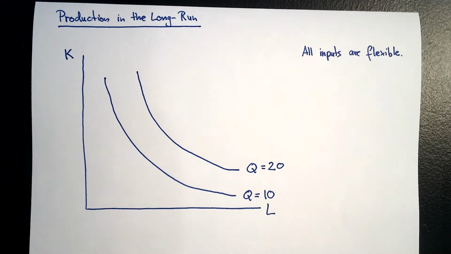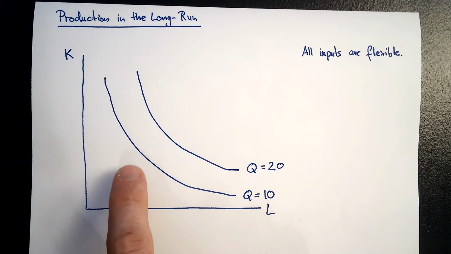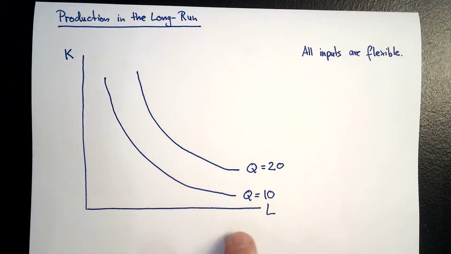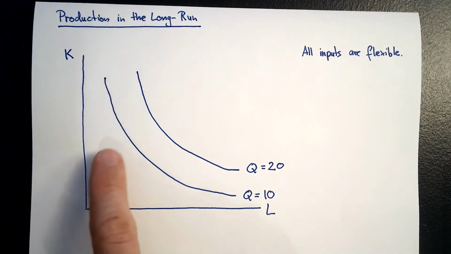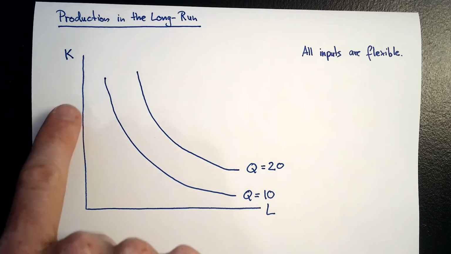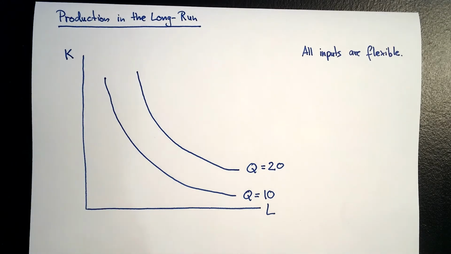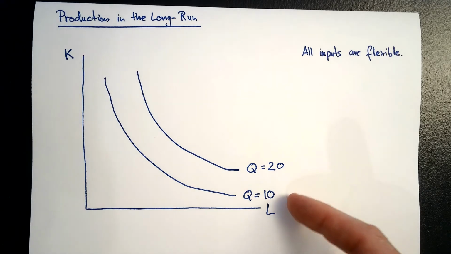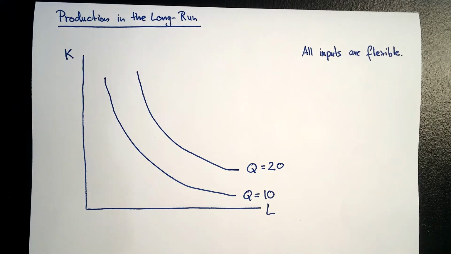With production in the long run, all inputs are flexible. Here I have represented what we have just seen: we have the inputs, capital and labor, on the axes, and isoquants indicating the combinations of capital and labor that produce the same units of output. I have drawn two representative isoquants, one for the output of 10 and one for the output of 20.